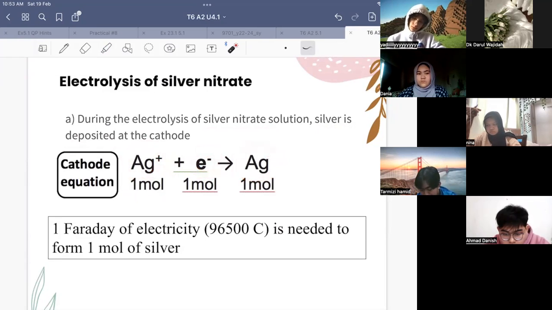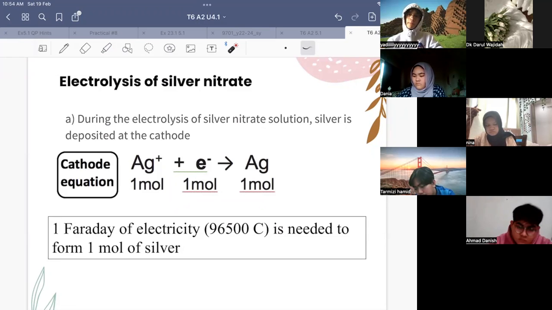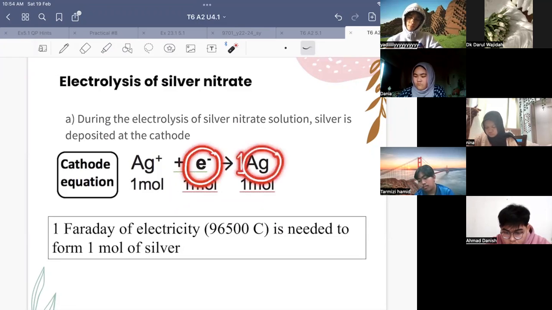How do we know the number of moles of electrons? We refer to its half equation. Make sure that it's balanced and that it's the correct half equation. You can see here, to deposit 1 mole of silver solid, we require 1 mole of electrons. Do you agree, based on the equation?